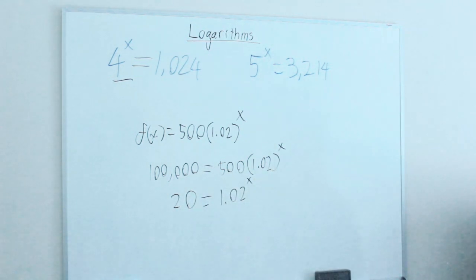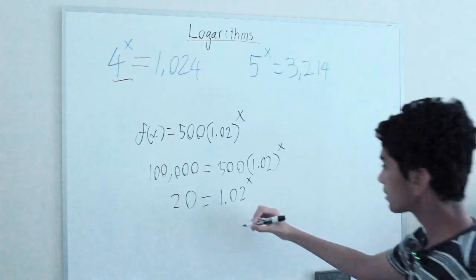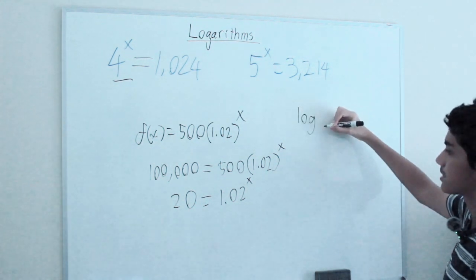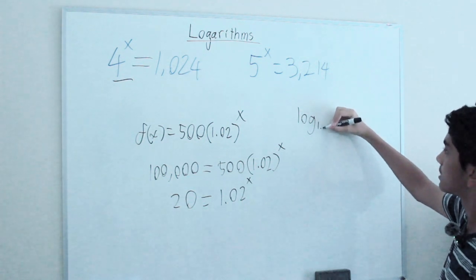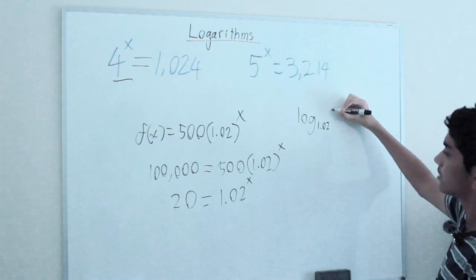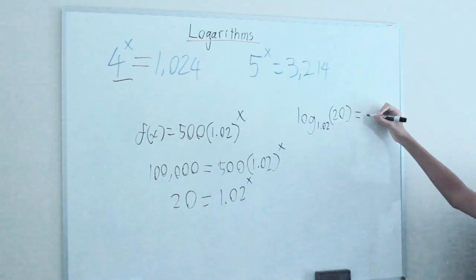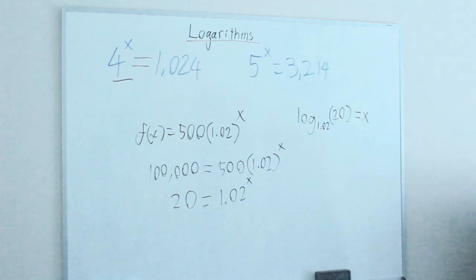Okay. Now we need to use our logarithm. So log base 1.02 of 20 is equal to x. Then again in the calculator, you have to put log 20 divided by log 1.02.